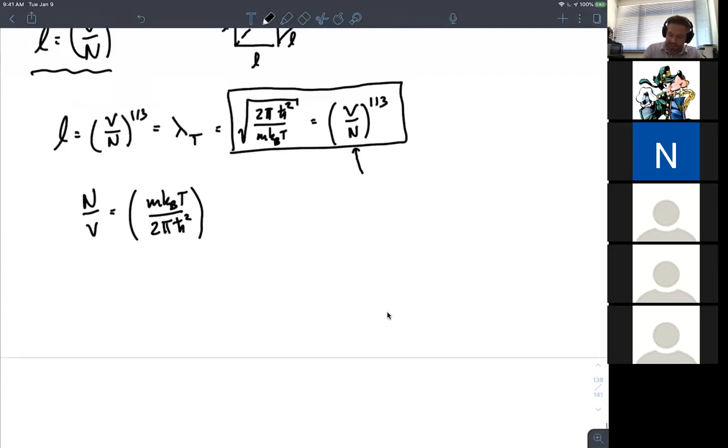The thermal wavelength has a power of 1/2, and then I raise that to the 3rd power, and I get 3/2. I'm going to give this its own symbol, NQ. This is what's referred to as the quantum concentration.